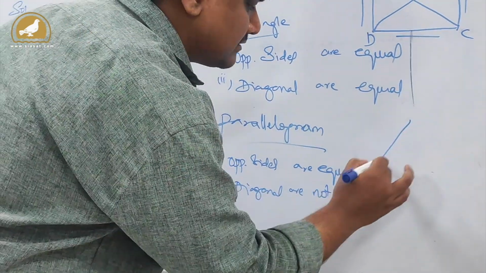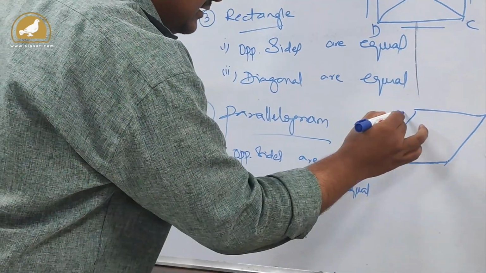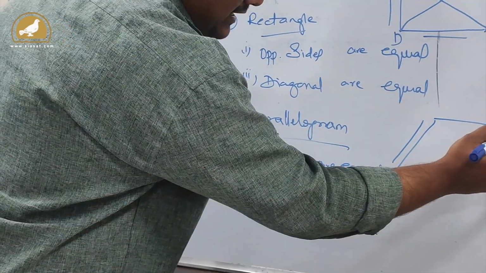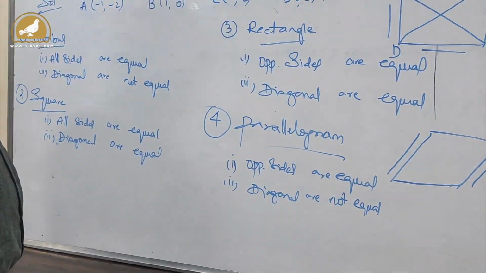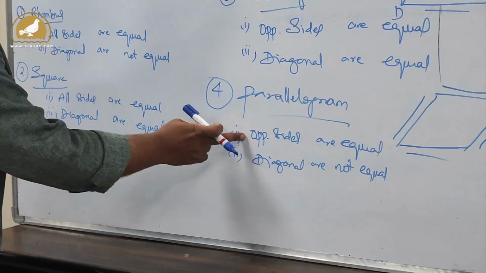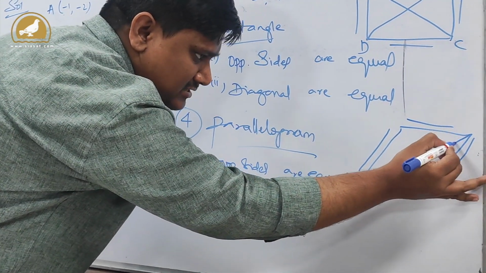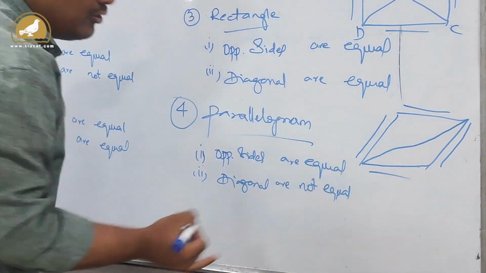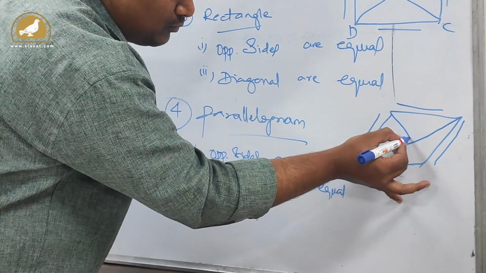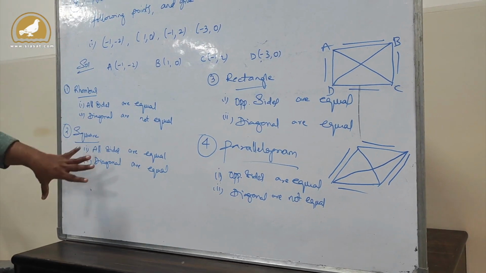It will be something like this. Here you can see this length and this length are equal. This length and this length are equal. That means opposite sides are equal. But the diagonal, the distance from this point to this point and the distance between these 2 points, are not equal. So there are only these 4 possibilities.